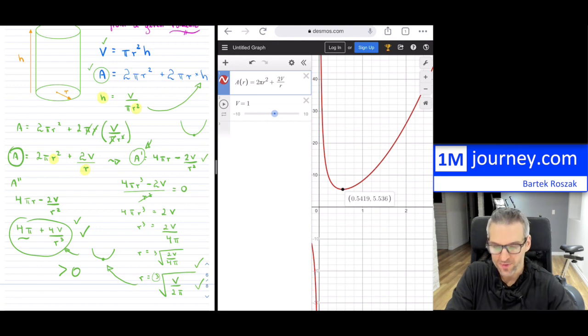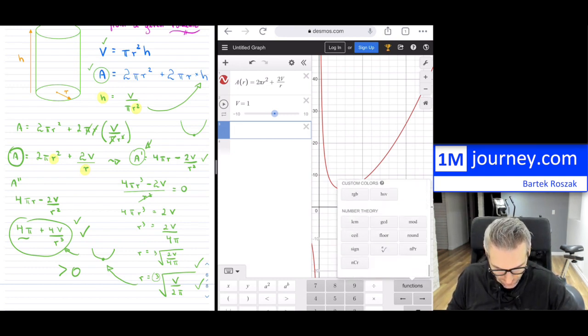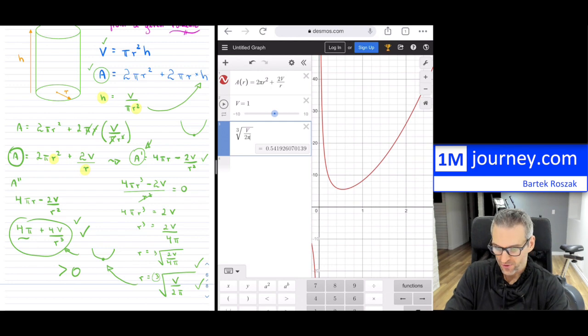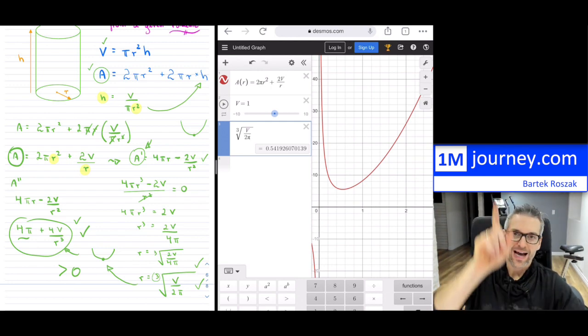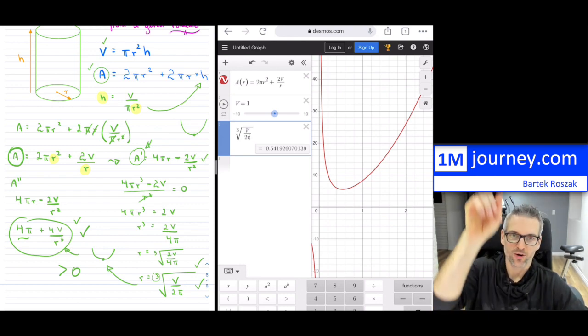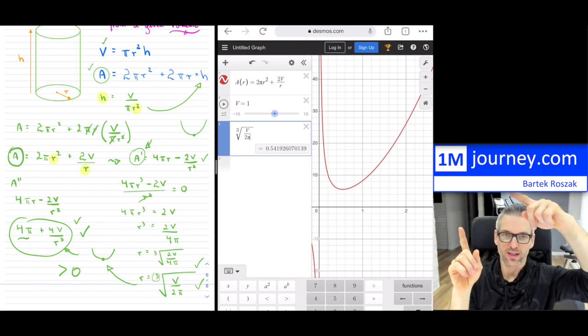So for volume equal to 1, my r was, let me take out, I'm going to just use the cubed root of v over 2 pi. So that's what we found. That's where r is, and your y-axis is your area. Notice it would blow up on us if we go to the left or to the right.